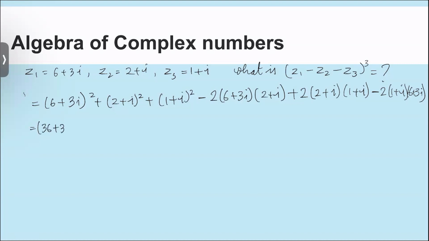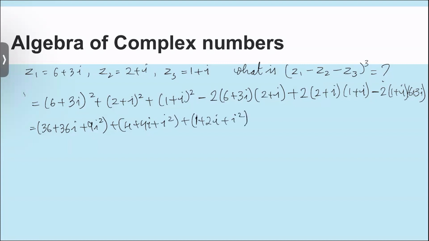36 plus 36i plus 9i squared. Then we have 4 plus 4i plus i squared. And then you have 1 plus 2i plus i squared. Okay.